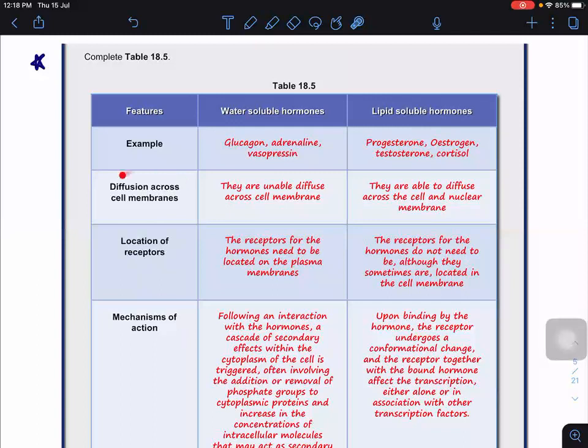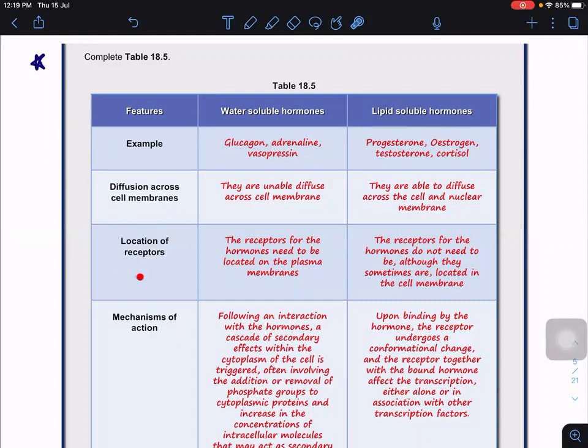So whether they are able to diffuse across the cell membrane or not: for the water-soluble hormone, we say that they are unable to diffuse across the cell membrane because they are hydrophilic. They are polar, they are hydrophilic. So it means that they won't be able to cross the cell membranes. Okay, but for lipid-soluble hormones, yes, they are able to diffuse across the cell membranes and also the nuclear membranes.